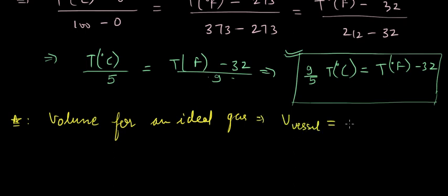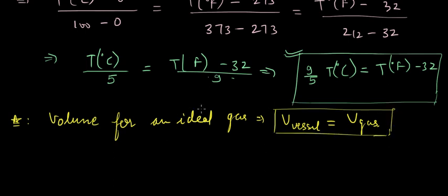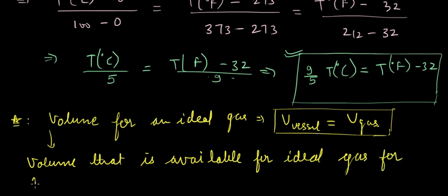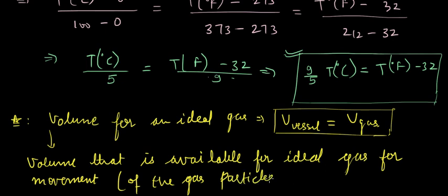So the volume of the vessel equals the volume of the gas, and the volume of the gas is nothing but the volume that is available for movement of the gas particles.